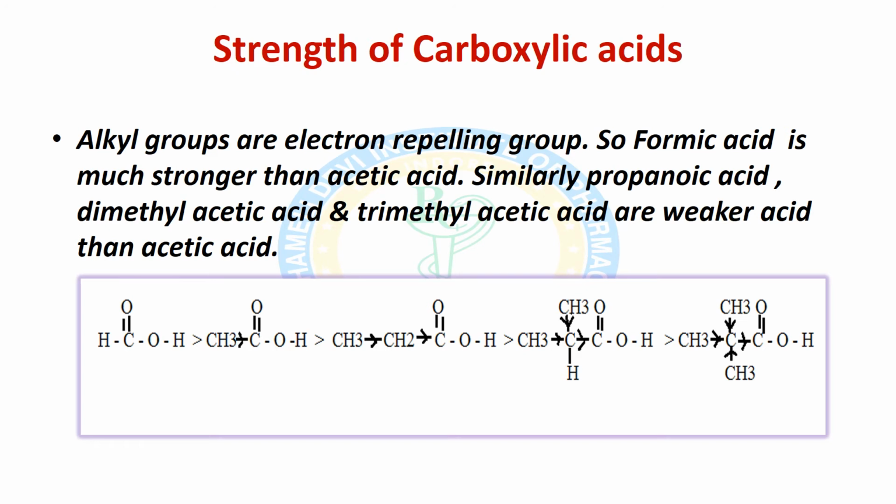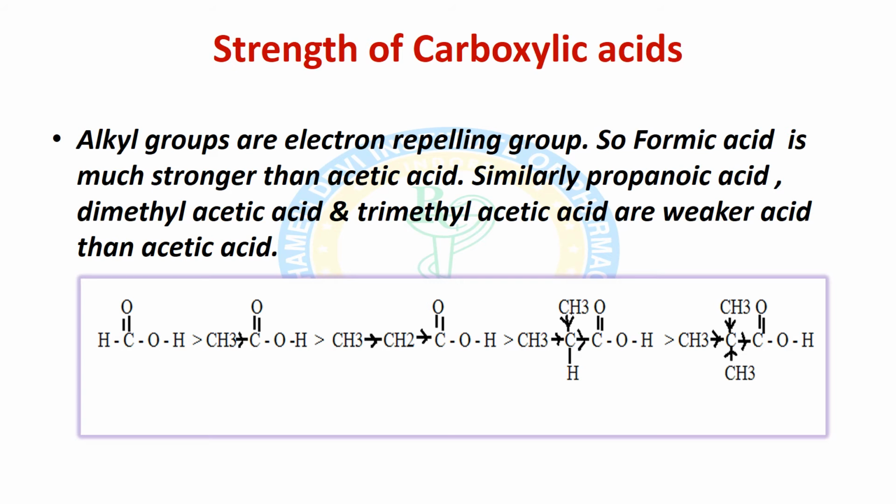Then alkyl groups are electron repelling groups. If we talk about formic acid, which has no alkyl groups, they are electron repelling groups, or we can say electron releasing groups.